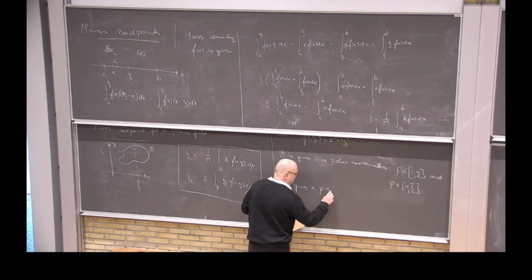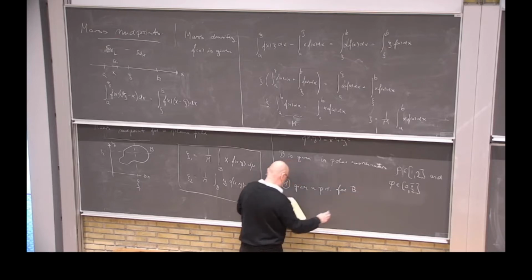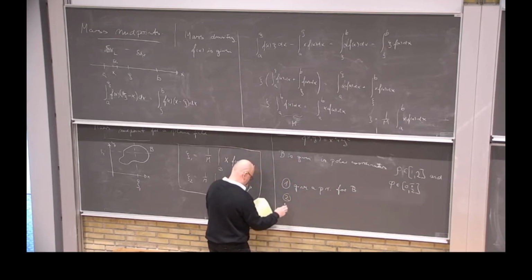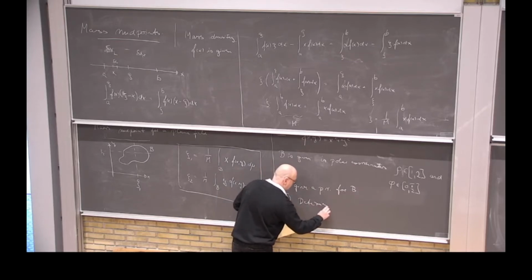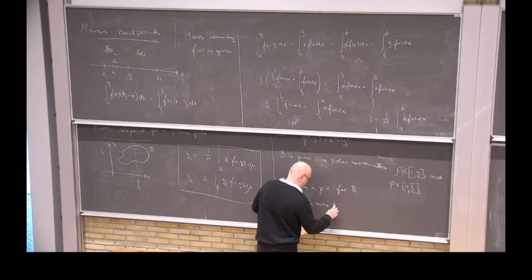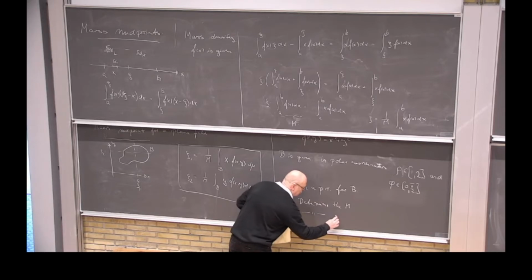We need a parametric representation for B, and then we need to determine the mass, and finally we need to determine the mass midpoint.